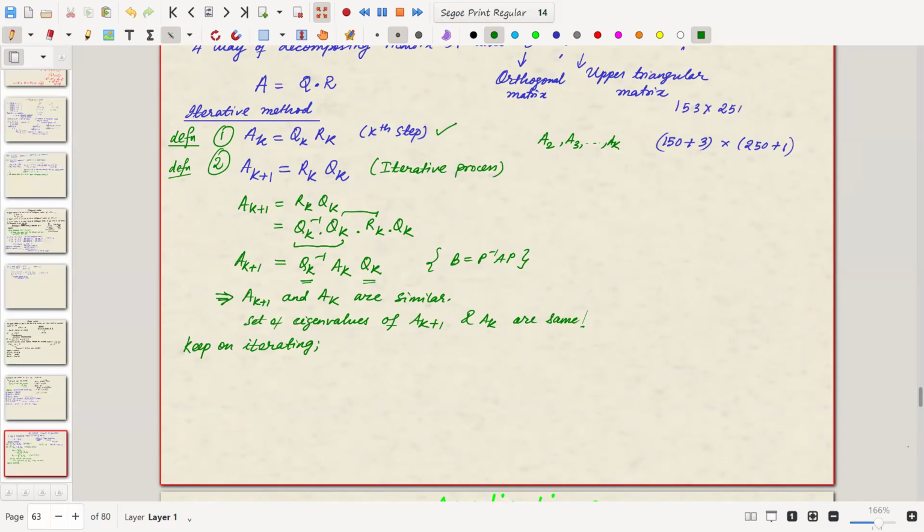Then you will see that as the iteration continues, the matrix A_k converges to an upper triangular matrix.